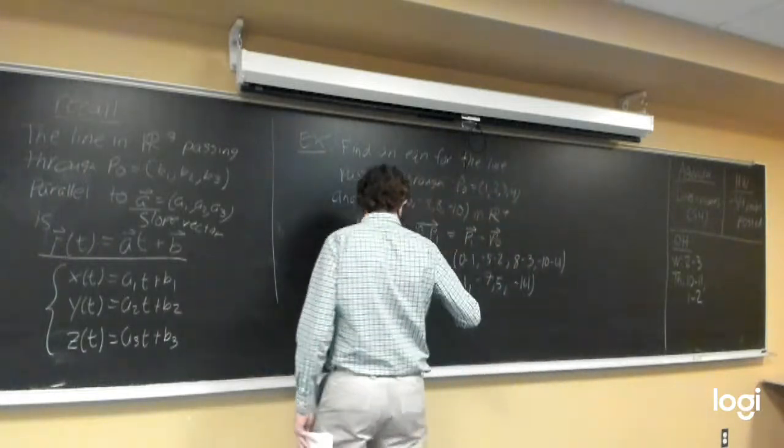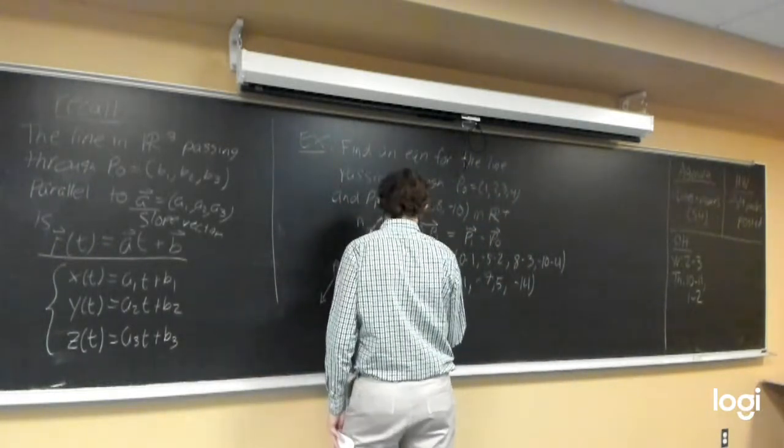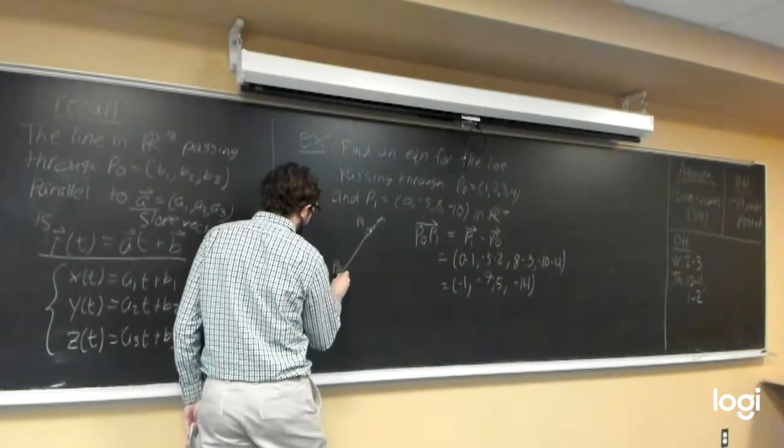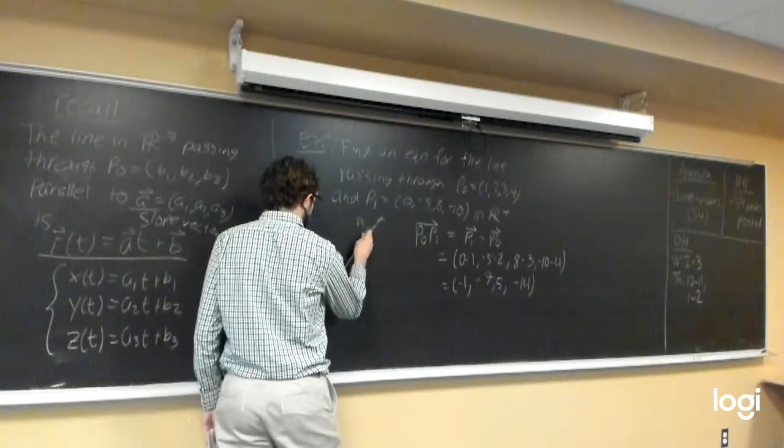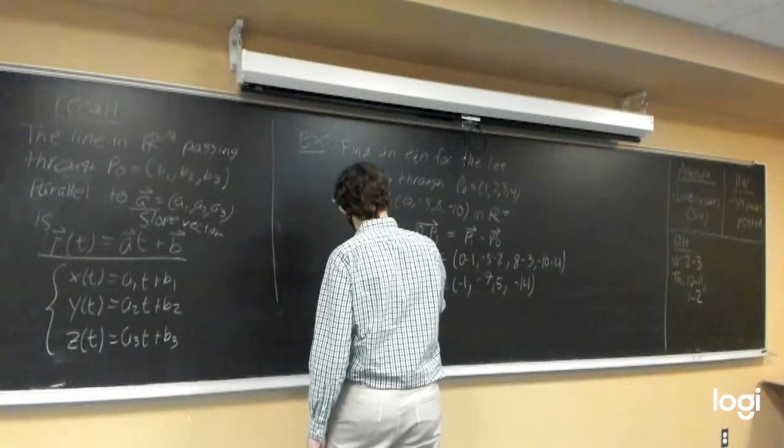And so this P naught P1 displacement vector gives us a vector which, if we started at P naught, would take us to P1.